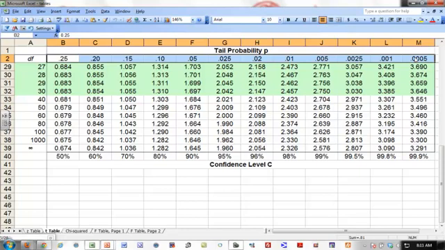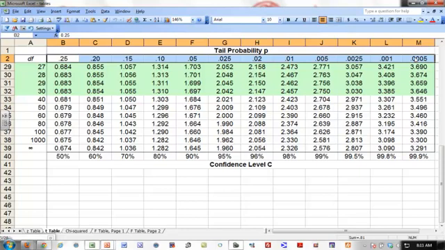You may share one with someone sitting near you. You need the t table. So look at the top of your t table. Has everyone got theirs out now?